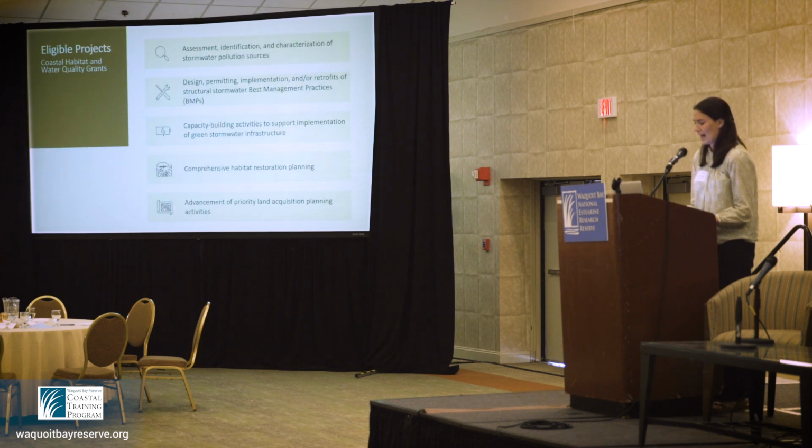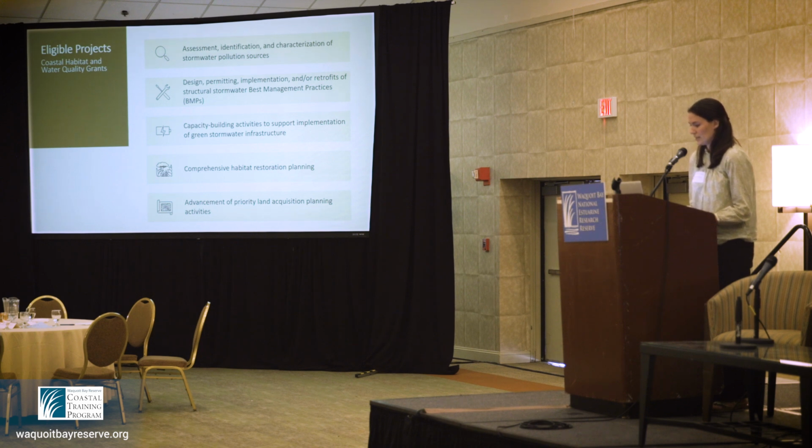So we have 5 main categories within our grant program that are for eligible projects, and any applicant project can have one or more of these categories included within their proposed project.